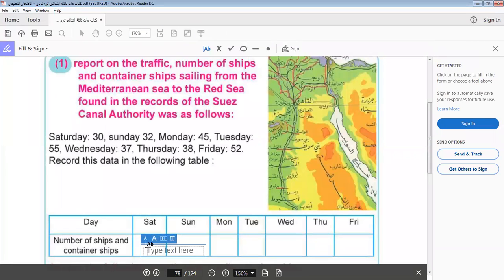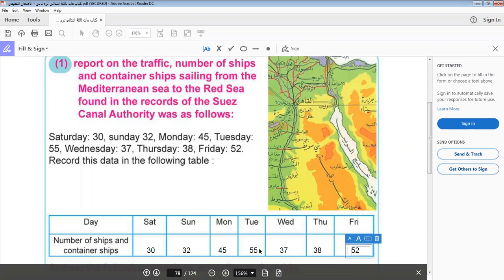So on Saturday you have 30, Sunday 32, Monday you have 45, Tuesday 55, Wednesday 37, Thursday 38, Friday is 52.